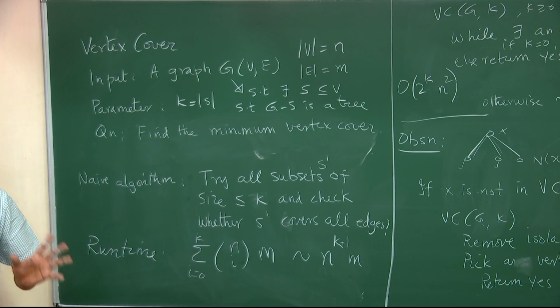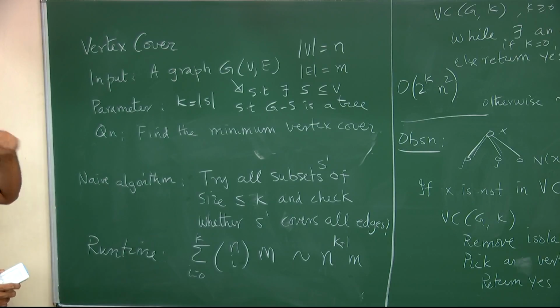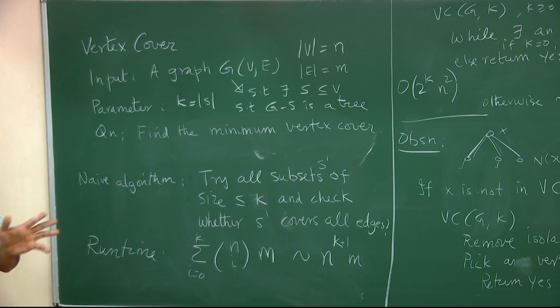Okay, it's close to a tree. In a tree I can solve it in polynomial time, I know, linear time. But suppose the graph is simply k away from a tree in the sense that there are some k vertices, if you delete it and it becomes a tree. Okay. And you are also given this S, let's say. If S is not given, there are ways around it.